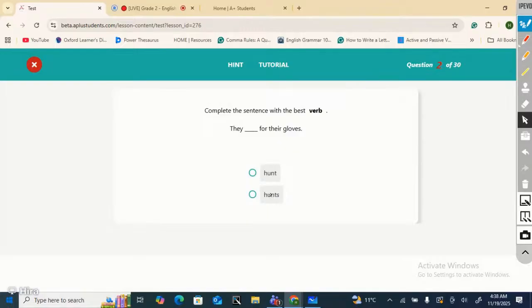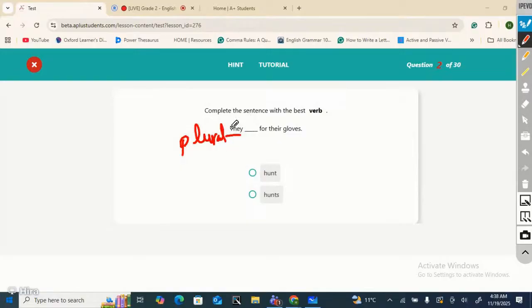Now we have to choose the best verb. They. Okay, now we know the subject. The subject is they, means used plural subject. The subject is plural.